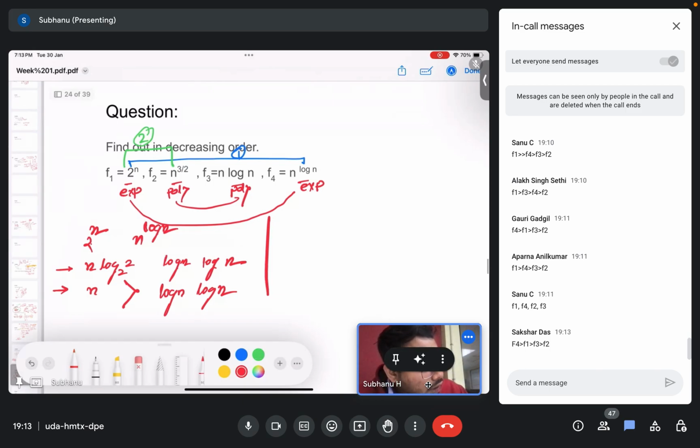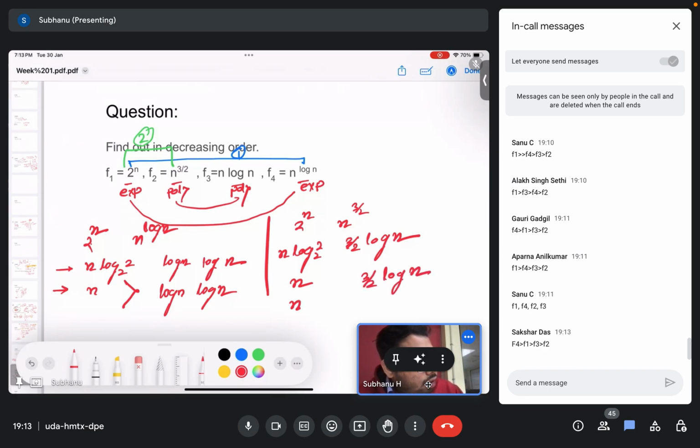Second, we are checking 2 to the power n and n to the power 3 by 2. Taking log, sorry, I have made a mistake. It is n log 2 base 2, that is n, and 3 by 2 log n.